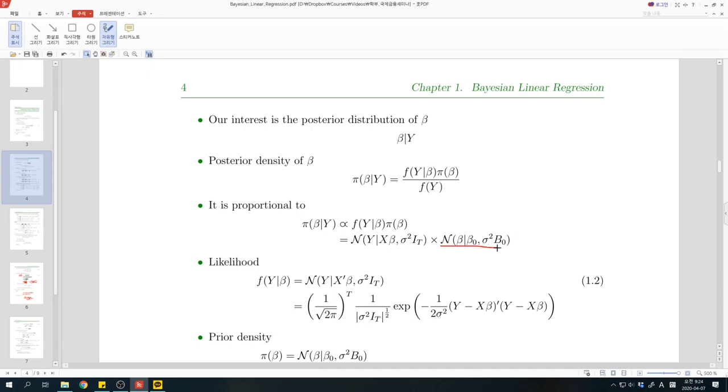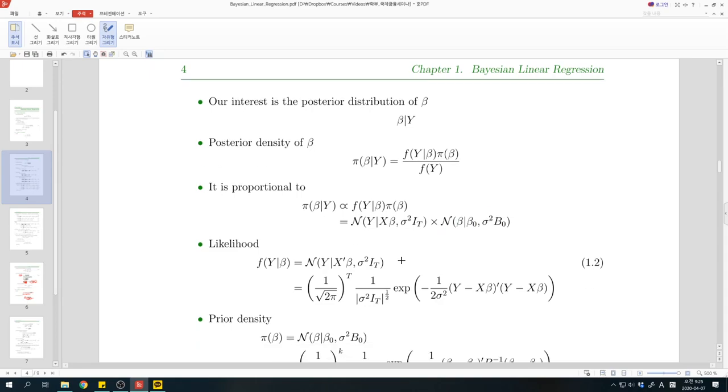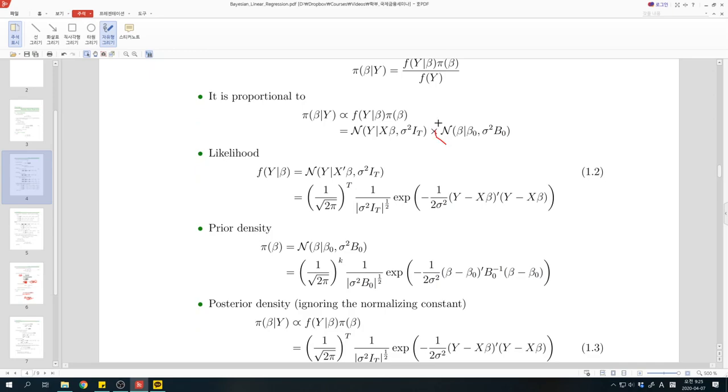Only if this is normal density is the posterior density of beta standard. This is something that you can find in any textbook. So this posterior distribution is feasible only if your prior is normal, and this sort of prior distribution is called a conjugate prior. If the prior is conjugate, then the posterior is standard, or feasible.